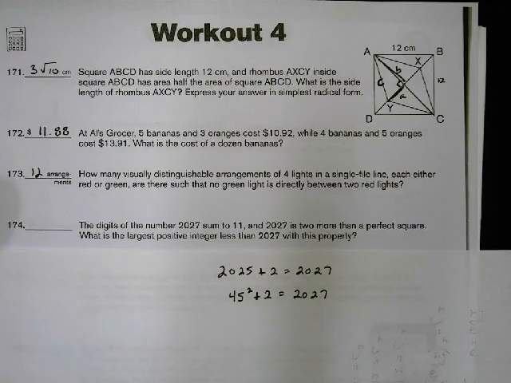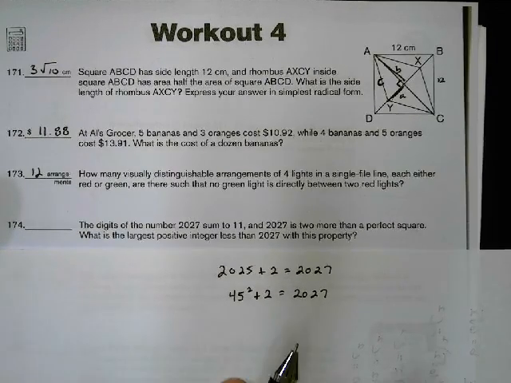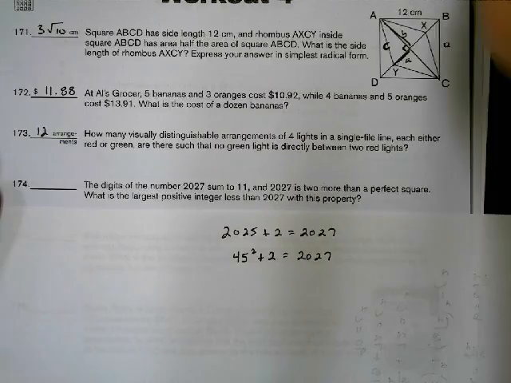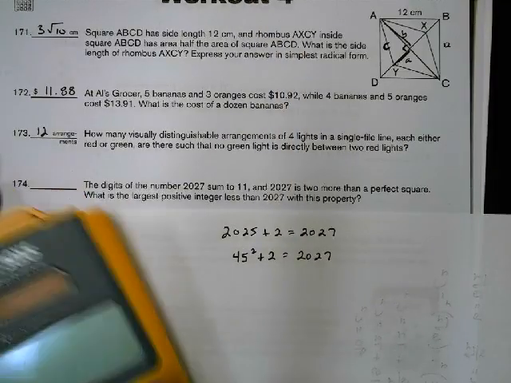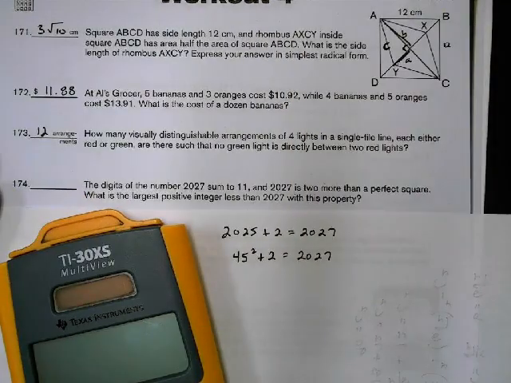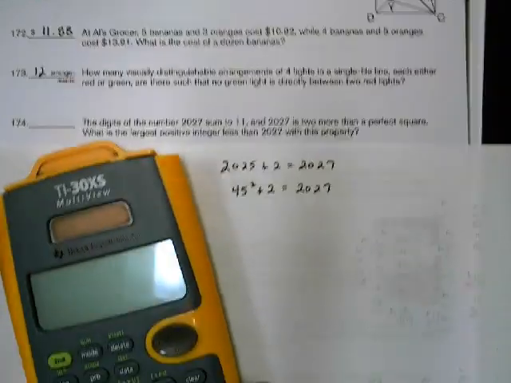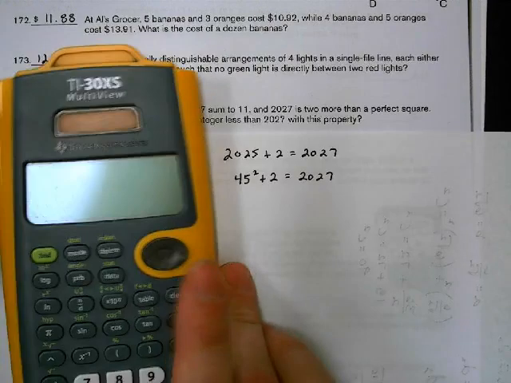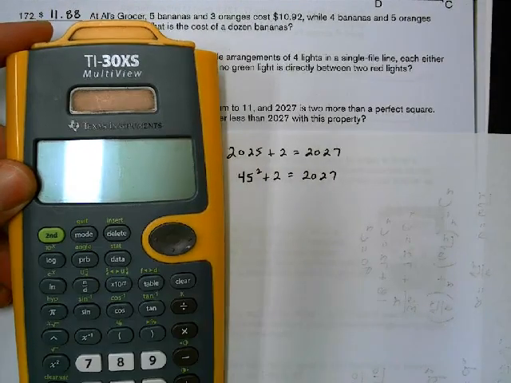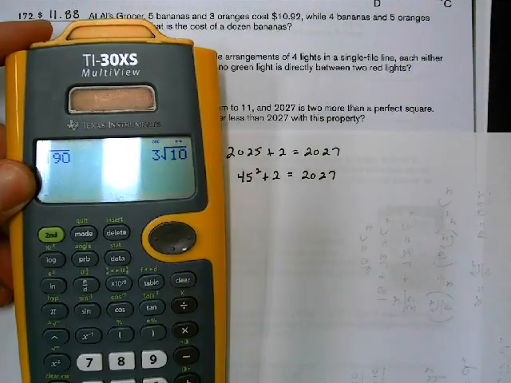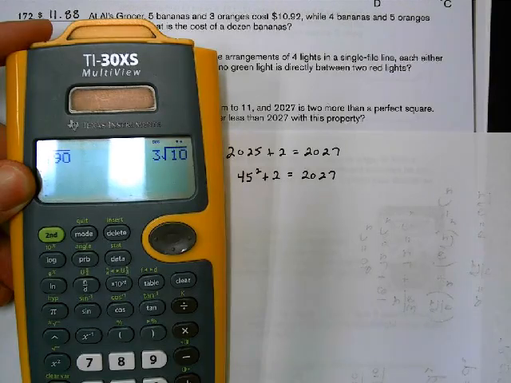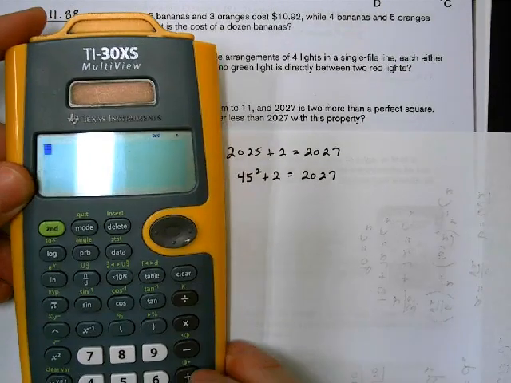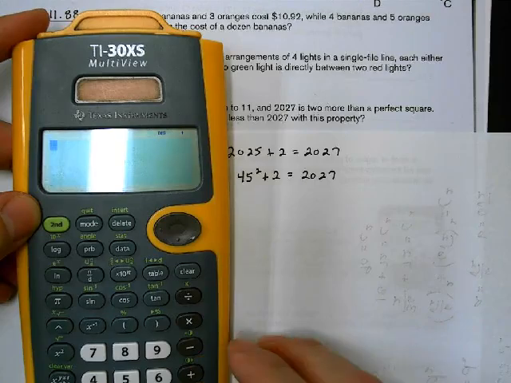Now, this is a perfect calculator problem where we shouldn't just be grinding out numbers or guessing or whatever. We can use our table function, our equation function for this one. So we can come up with a table.